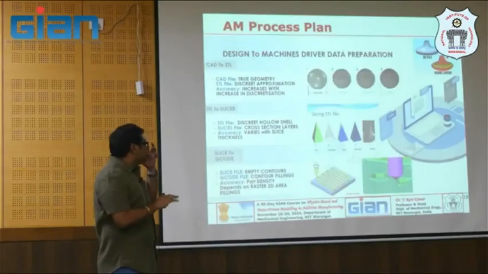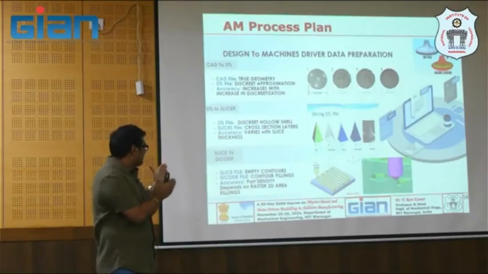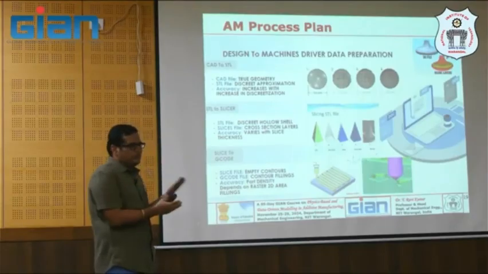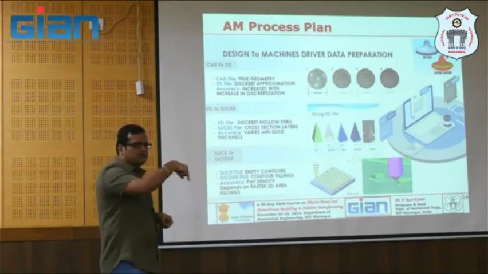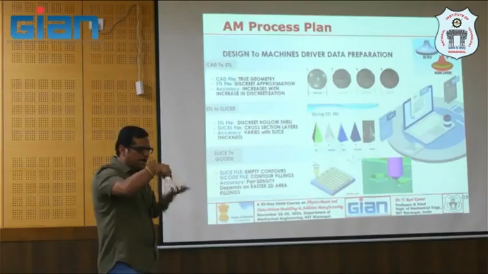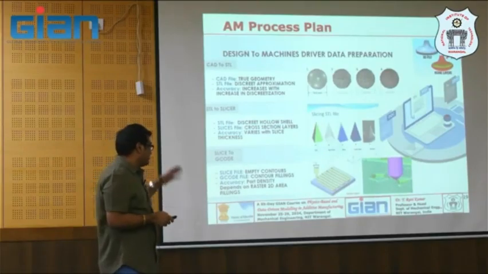If you look at the process plan involved, you have CAD to STL, STL to slicing, and slice to G-code, which means you need to fill this with contours, right? You need scan strategies to fill if it is a laser-based system. So this is the typical flow.